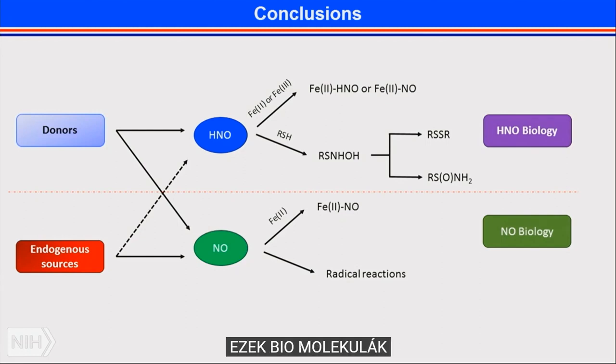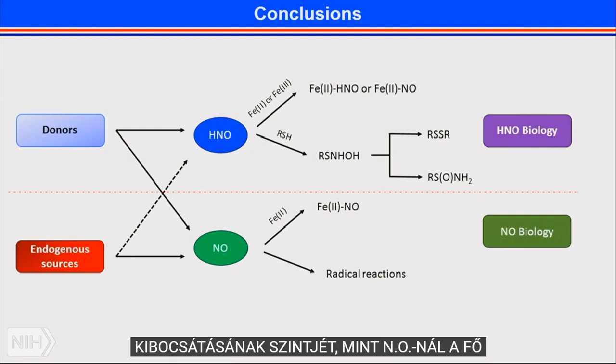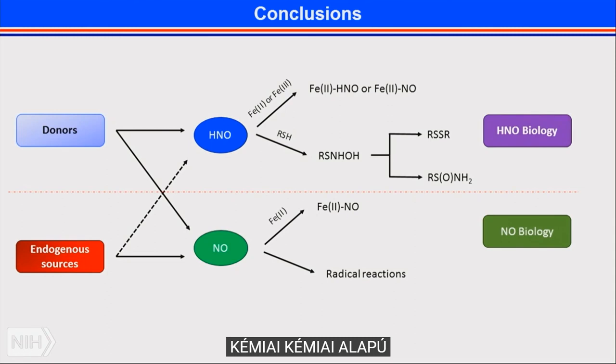As for NO, the main chemistry is based on ferrous and ferric mediated heme chemistry and thiol chemistry. And for HNO, it is mainly ferrous heme chemistry and radical chemistry. And these lead to different biological effects of both NO and HNO.